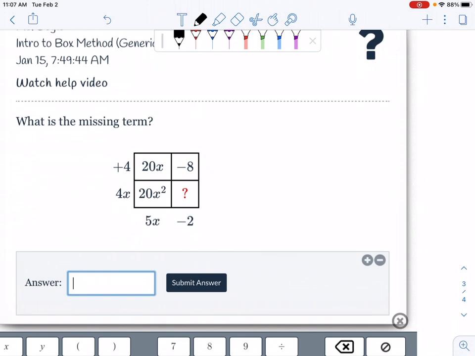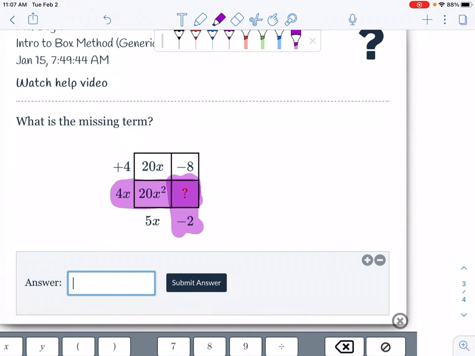Okay, in this one, we're looking for this missing piece, which is created by 4x multiplying with a negative 2. And that gives me my dark purple little area there. So again, you have 4x and negative 2.